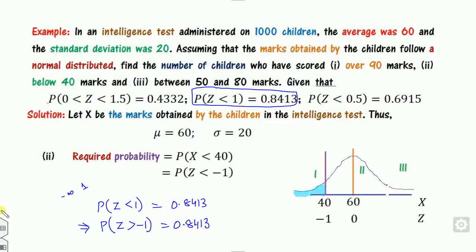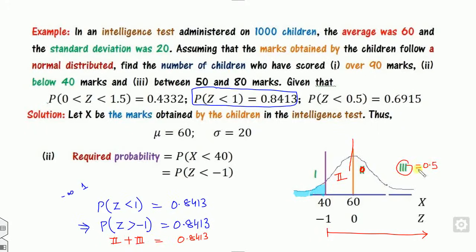So look at this picture. What is that graphically? It means z greater than -1, this is my second, and this is the complete third. It means this is given to you as second plus third. Is any value given to you in the figure? Yes, the third is given as 0.5 because this is my center line.